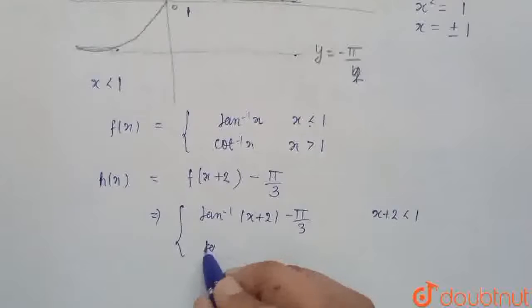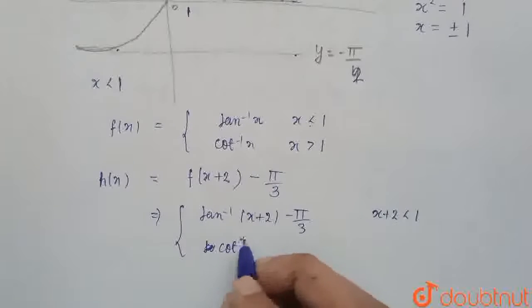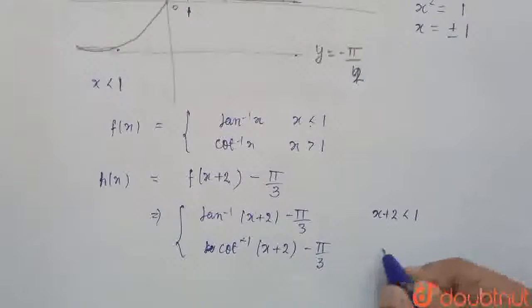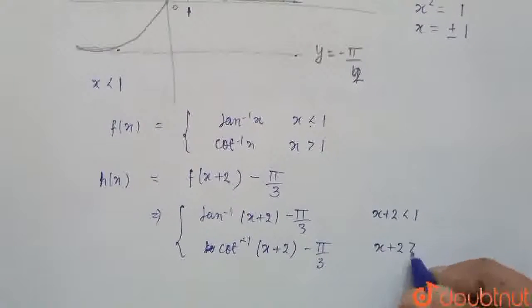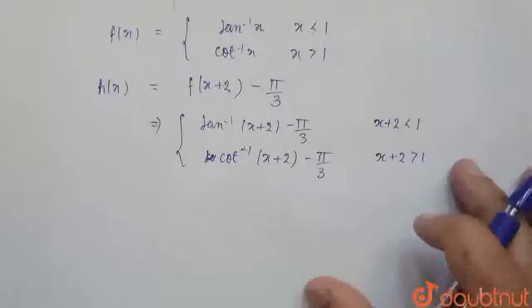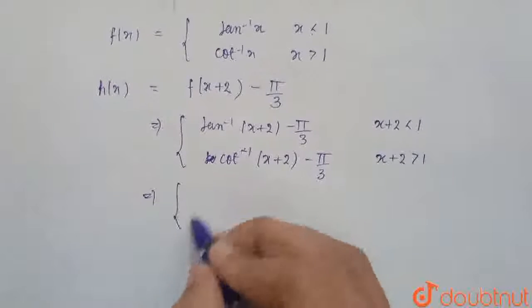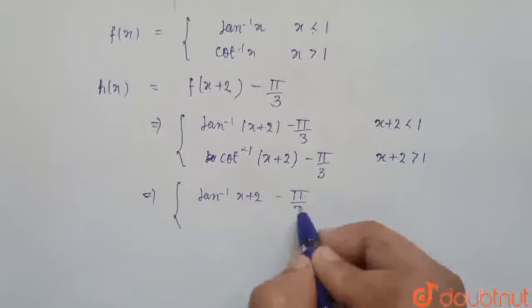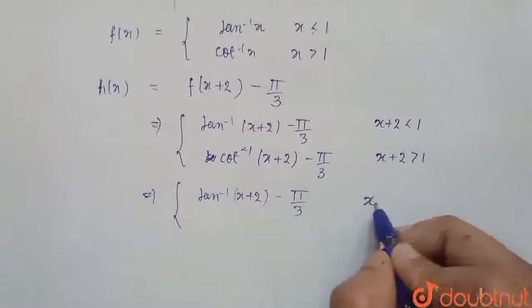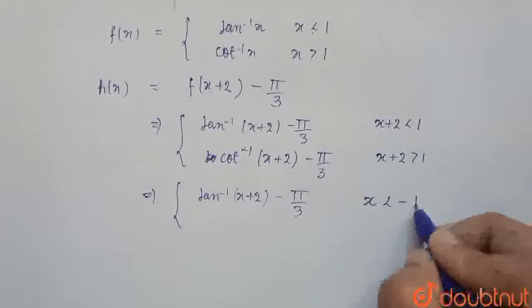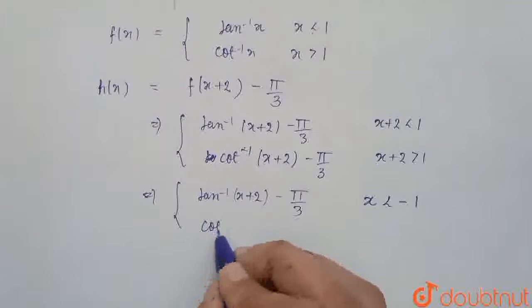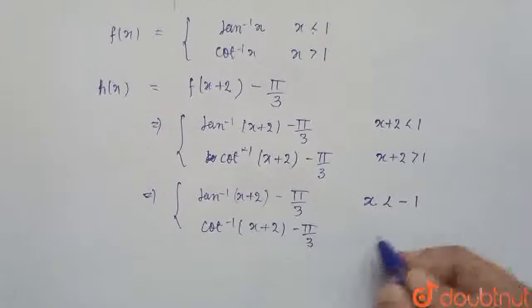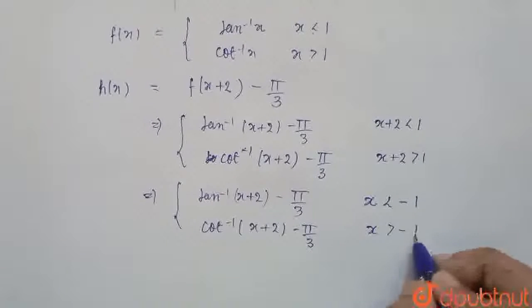Here we get cot inverse of (x plus 2) minus pi by 3, where x plus 2 is greater than 1. So we have tan inverse (x plus 2) minus pi by 3 when x is less than minus 1, and cot inverse (x plus 2) minus pi by 3 when x is greater than minus 1.